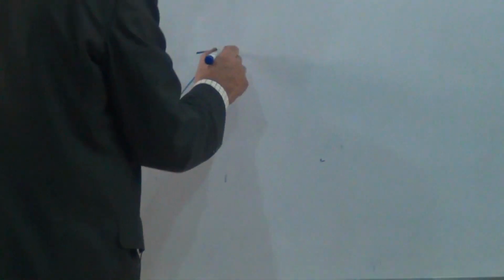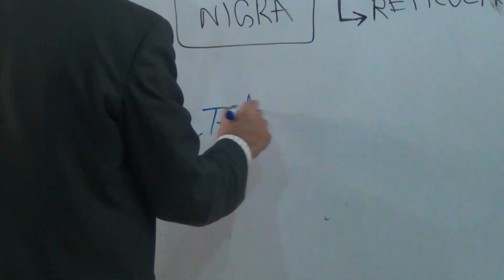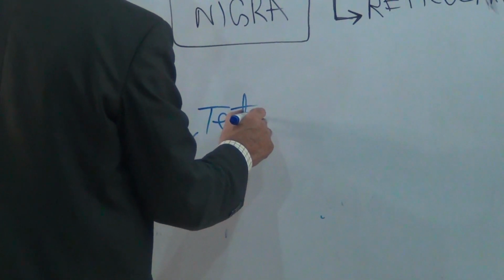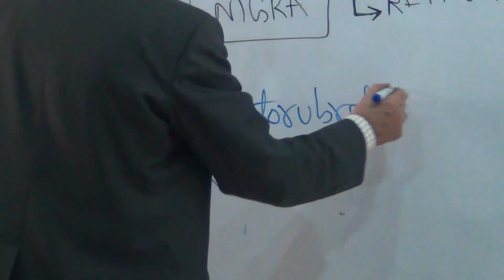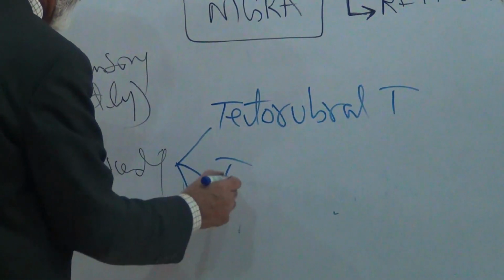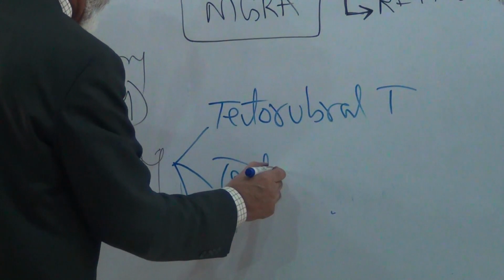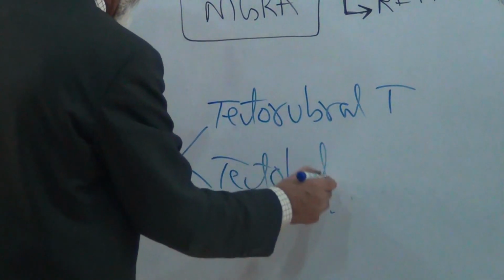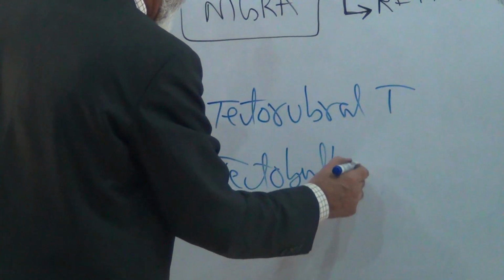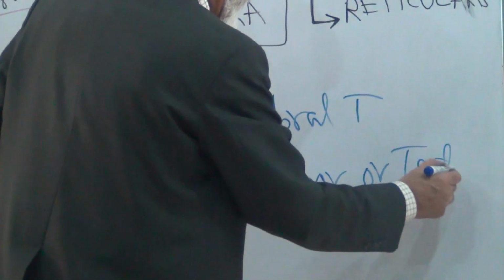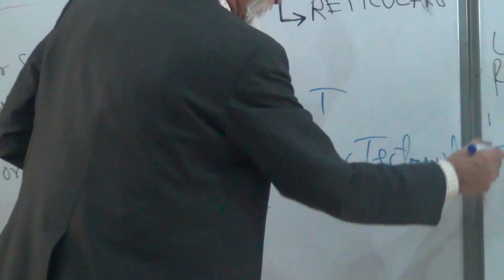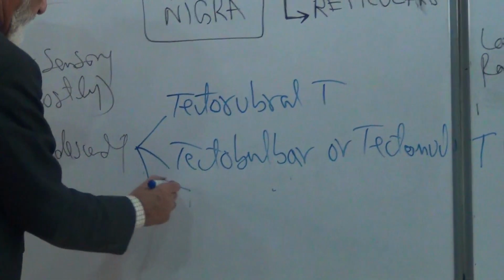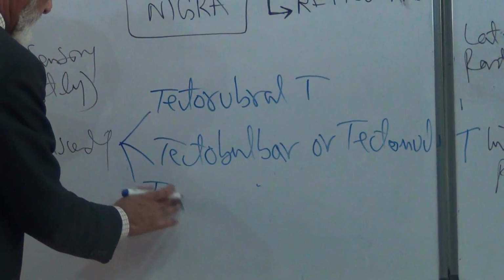That is corticorubral tract, tectobulbar or tectonuclear tracts, and tectospinal tracts.